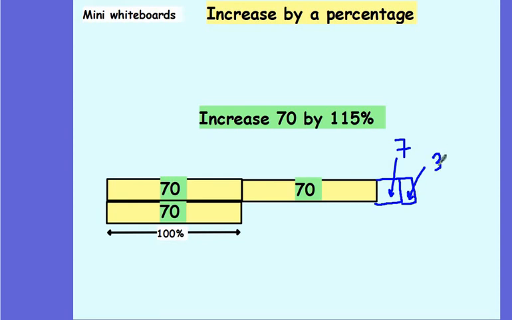Our 5% was worth 3.5. So altogether this time I've got 70 plus 70, which is 140, plus 7, 147, plus 3.5, 150.5. Well done if you got that right. That's when the bar model comes in handy.